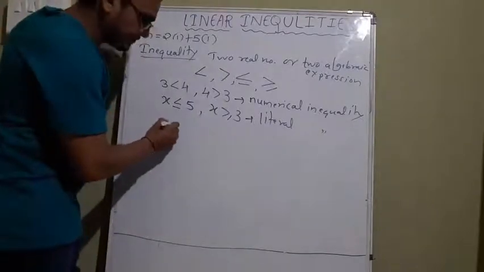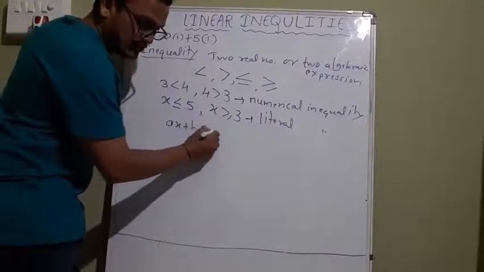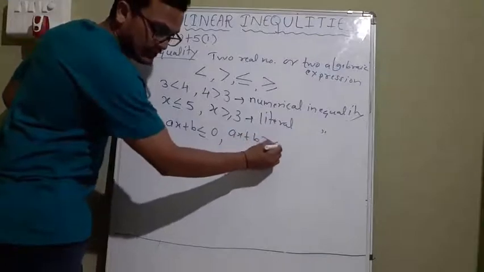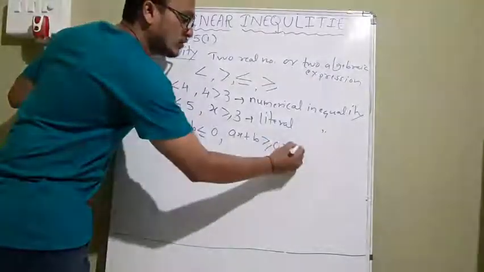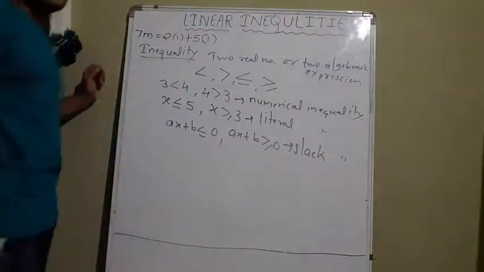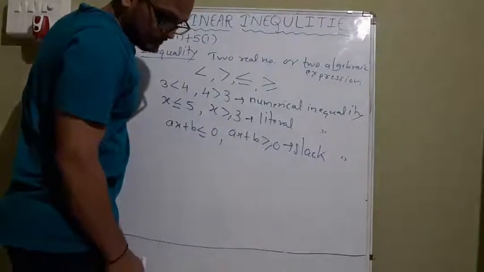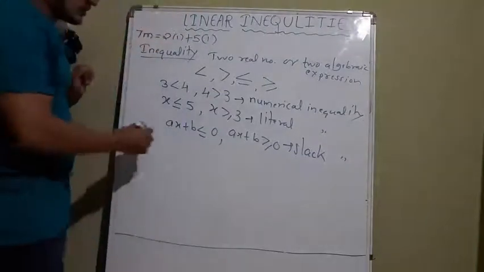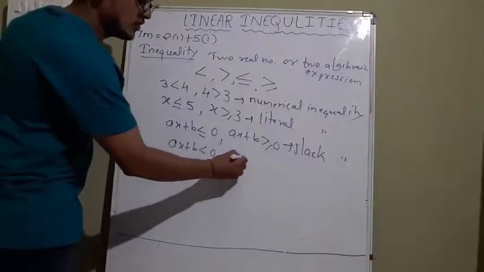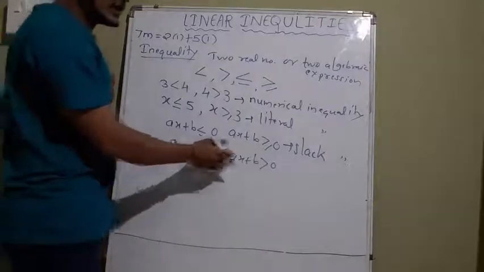Also I have ax + b less than or equal to 0, or ax + b greater than or equal to 0. These are called slack inequalities. Then I also have ax + b less than 0 or ax + b greater than 0, only less than and greater than.